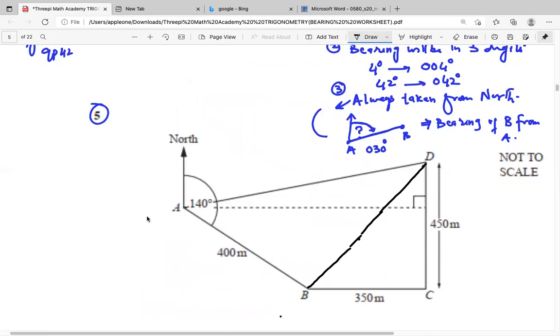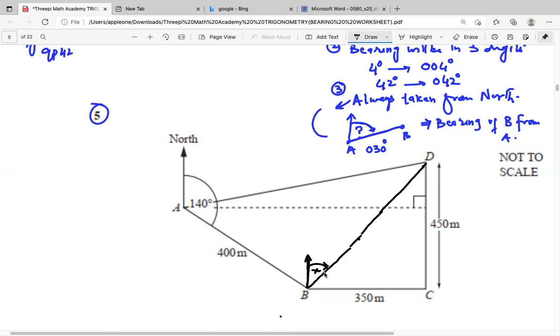So we need north from B, so make a north line at B. Bearing is always from B towards the line which joins B and D. So this angle is required.